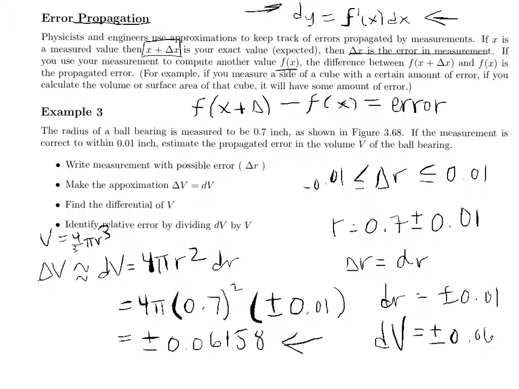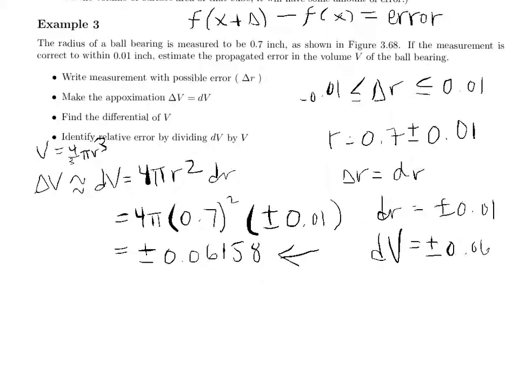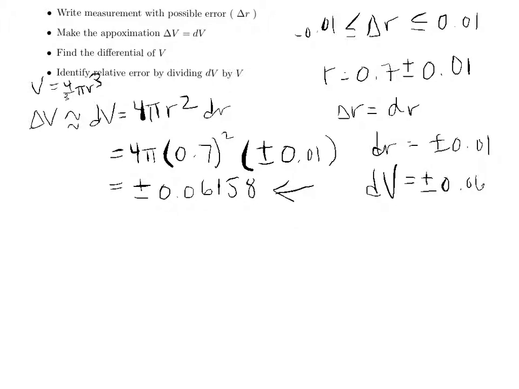It'll be less significant, right? That idea of how significant error is, we're going to call relative error, and we've learned it in science as percent error, okay? All right, so to do that, we're going to compare our differential for volume, so our error for volume, with the volume itself, okay?